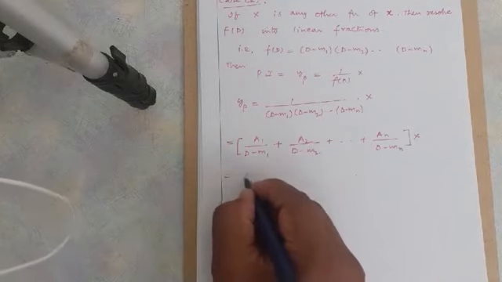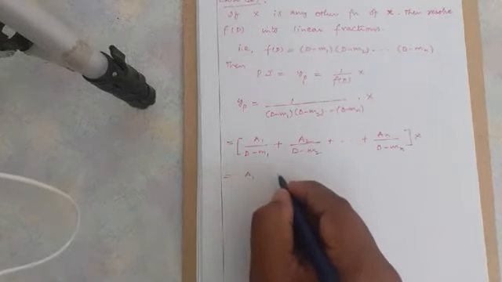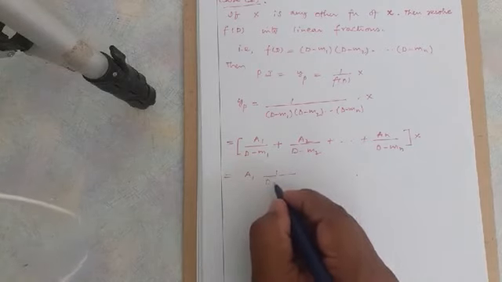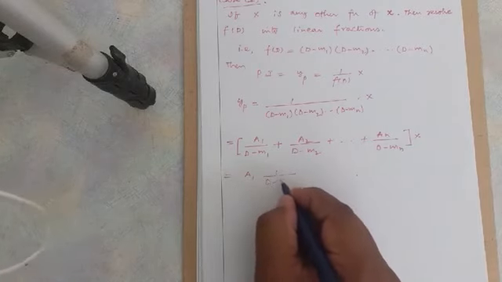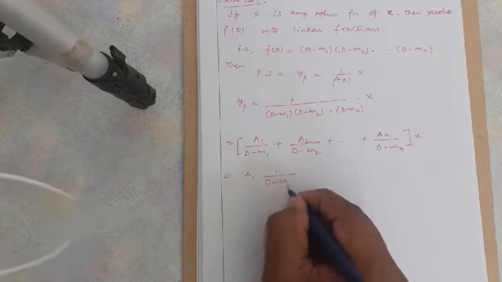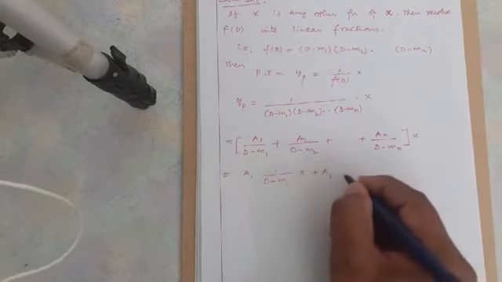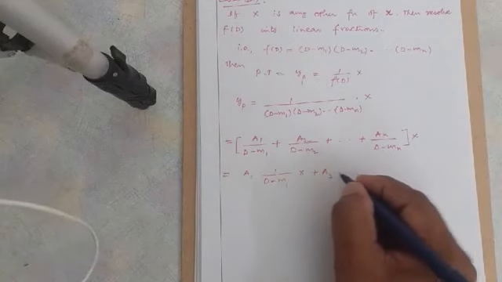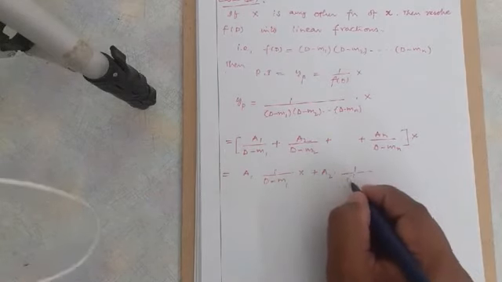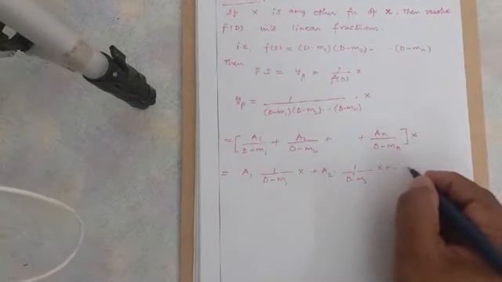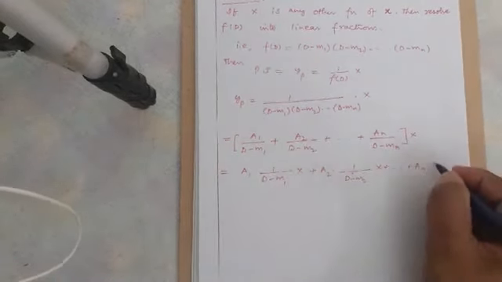I have not done this in the classroom, because in most previous papers we have got problems based on up to case 4. I don't want to take any risk, so we are doing this also. Case 4 we have completed; this is case 5.